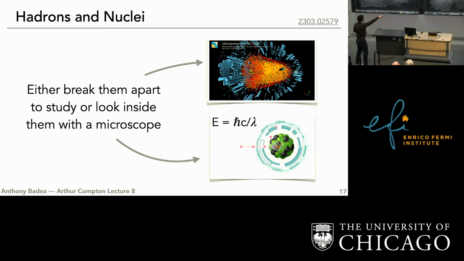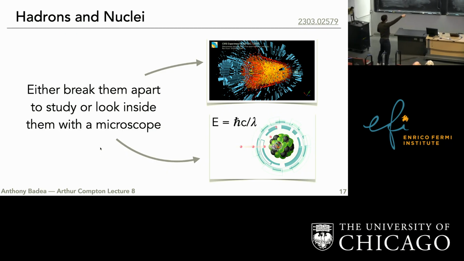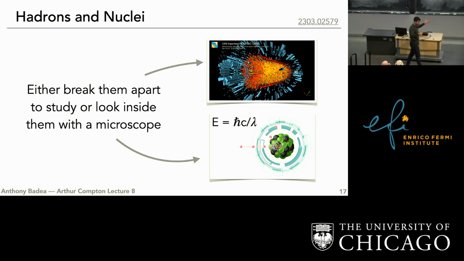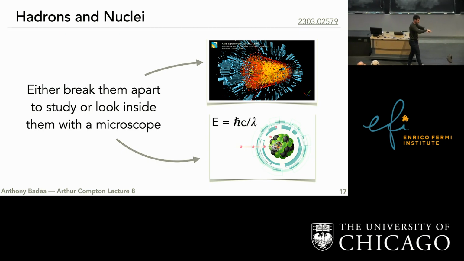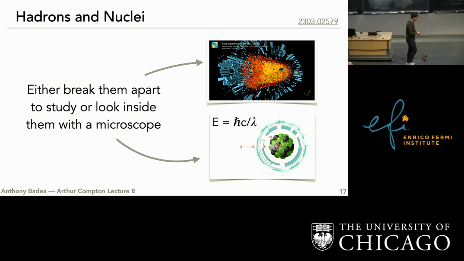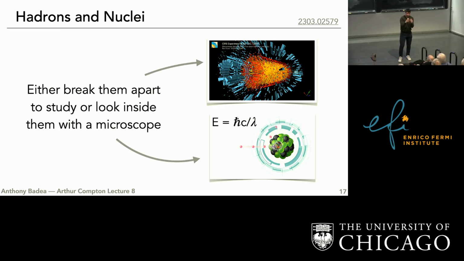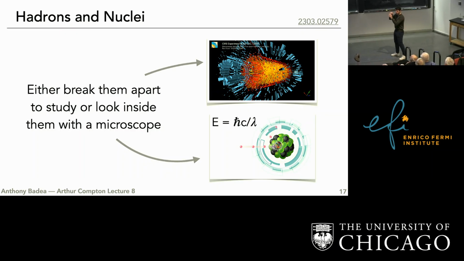The experimental procedures that we're using to understand them right now really fall into two categories. We either shoot hadrons and neutrons and break them together, or break them apart. So we blast them in at high energies and explode them, and then we study what the explosion looks like. Or we take effectively a microscope and look inside of the nuclei as they are, and then we see the dynamics that's happening inside.